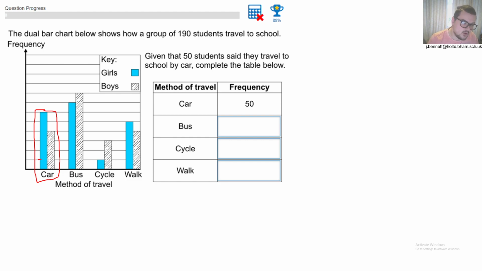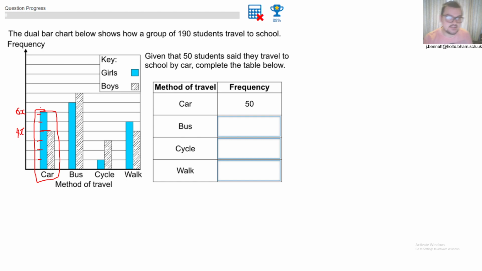So we have 1, 2, 3, 4, 5, 6. So this is 6 lots of an unknown increment. An increment is how much each row goes up by. So we don't know what the increment is, but we know that 6 lots of it is where this blue column stops. We know that 4 lots of this increment is where the boys stop.